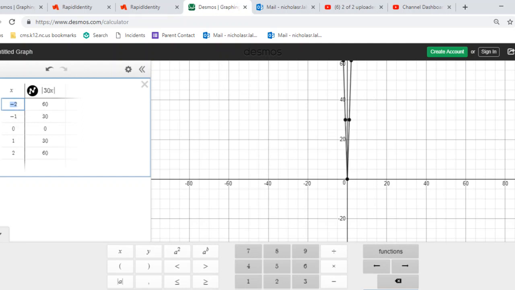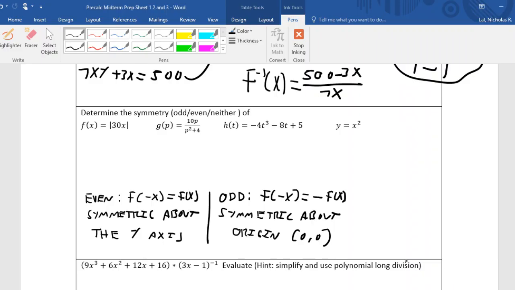That's what it means when this function is even. So this is an even function. I have input negative 260, 260, negative 130, positive 130. So that means this is an even function, and plus we have that y-axis symmetry. g of p is equal to 10p over p squared plus 4.